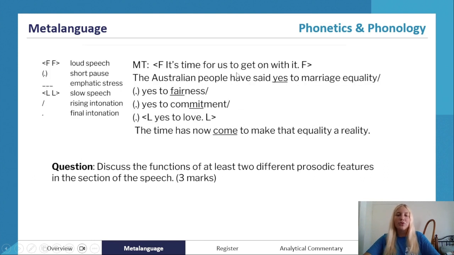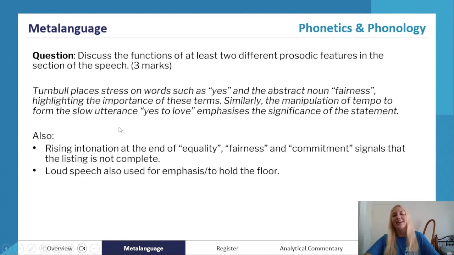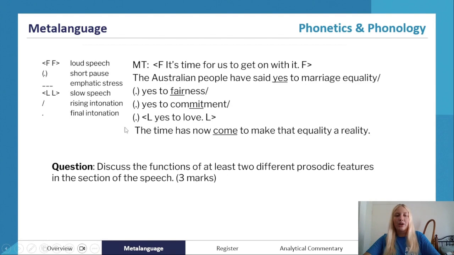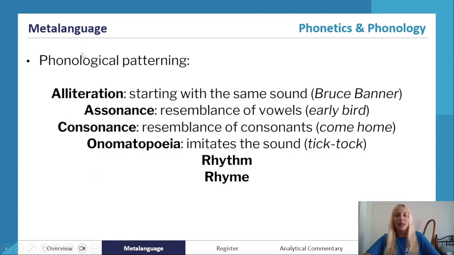And there's loud speech, also used for emphasis and to hold the floor. This is where Turnbull reinforces his authority. It's time for us to get on with it in a really loud voice. Pay attention to me. Okay, so it holds the floor, gives him the turn to speak. Beautiful. So you'll see this a lot throughout this year. Get into the hang of working with these spoken texts and analyzing them.